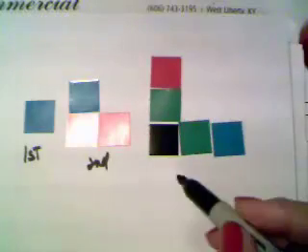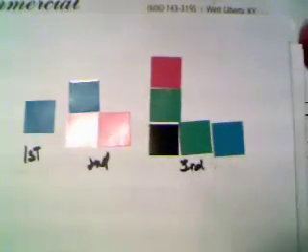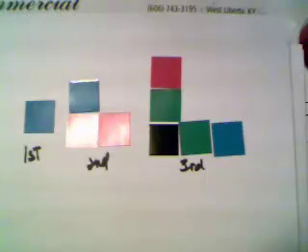Remember, I want you to do these with me, so I'm going slow so that you can create the same pattern that I'm showing. I want you to visualize what you think the fourth will look like and go ahead and make that.